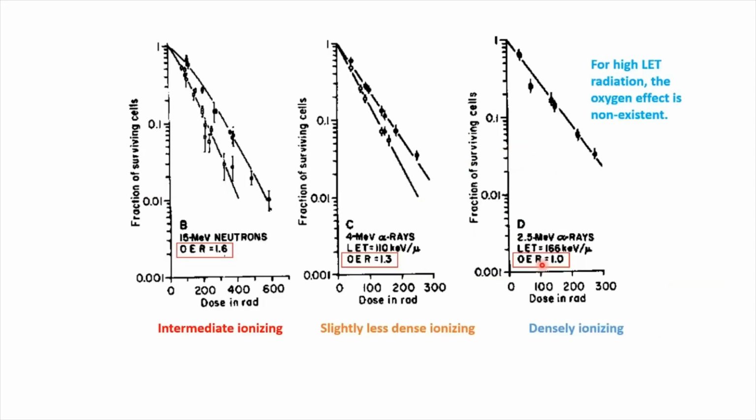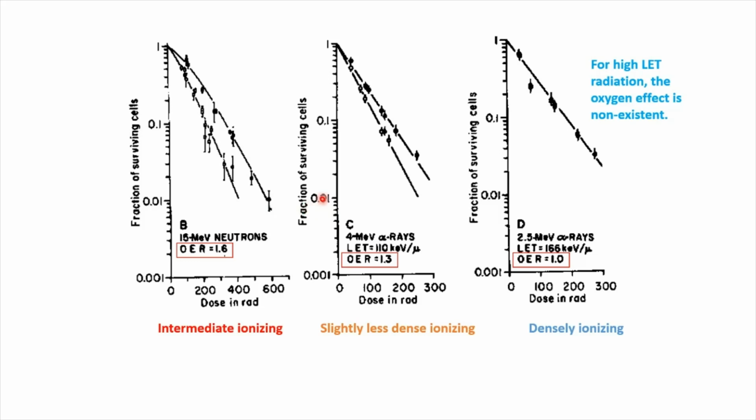And this ratio can be seen over here. These are three diagrams of different LETs and their corresponding OER, and you can see when we have used 15 MeV neutrons and calculated the OER for a given clinical endpoint, the OER comes to be 1.6. And when we have used 4 MeV alpha rays, which have more LET than the previous one, then OER drops from 1.6 to 1.3 for the same endpoint.